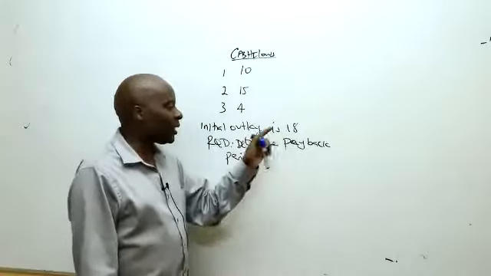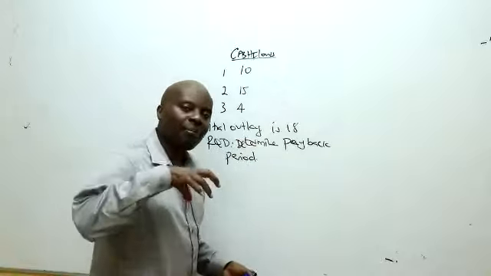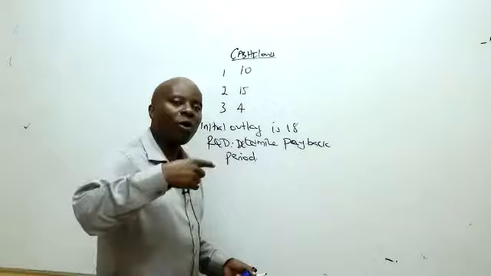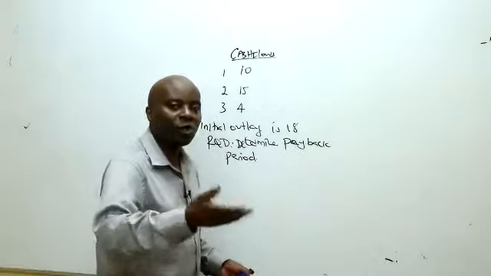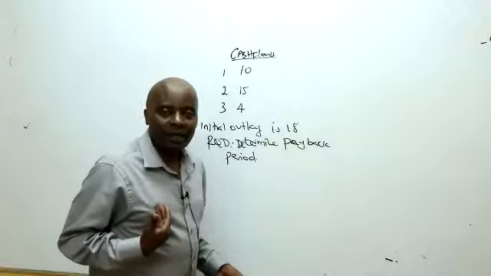Today I'm investing 18, perhaps 18 million. I would want to know how long it will take the project I'm putting this money into to give me back my money. That is the payback period.